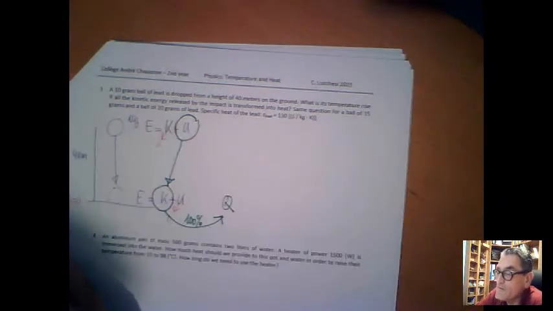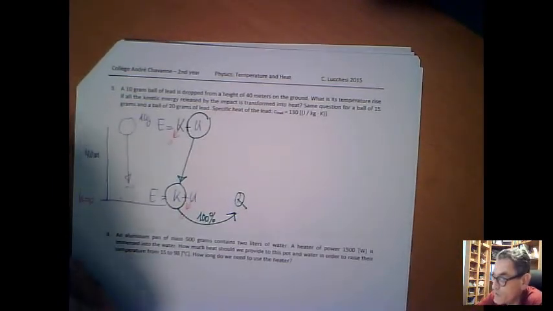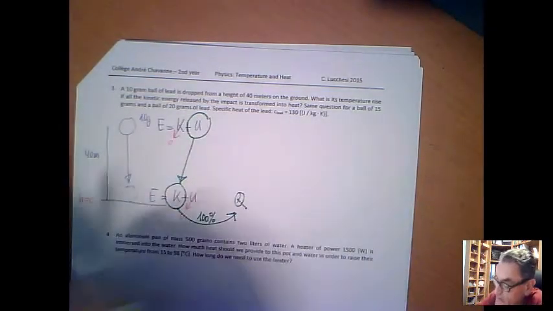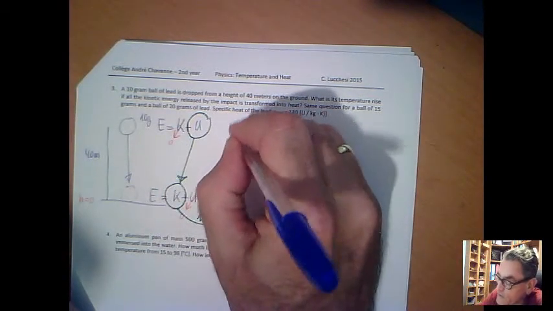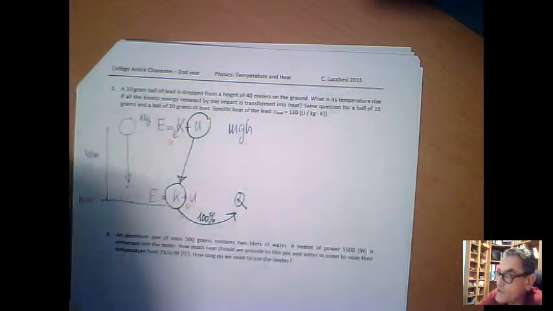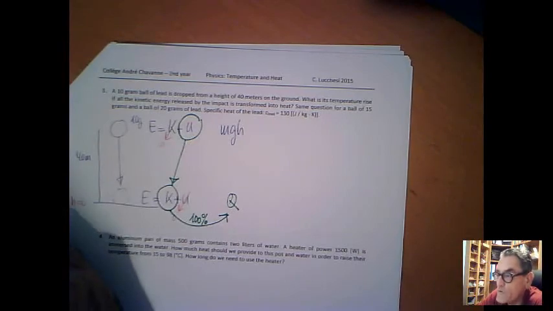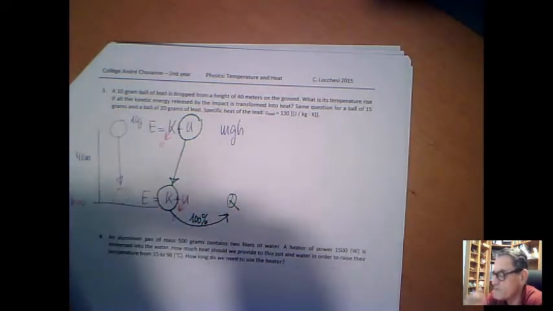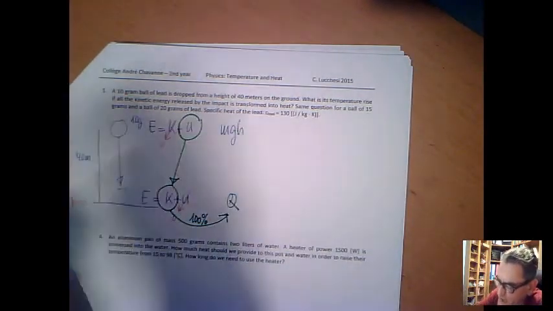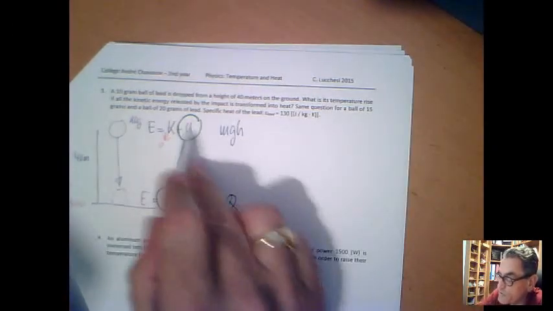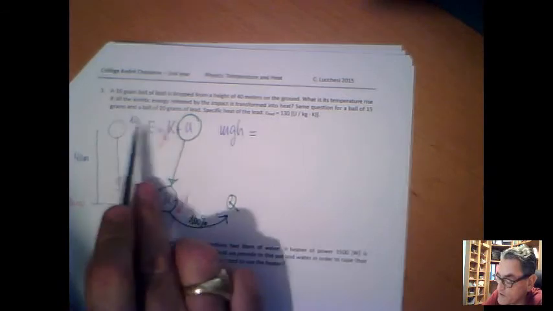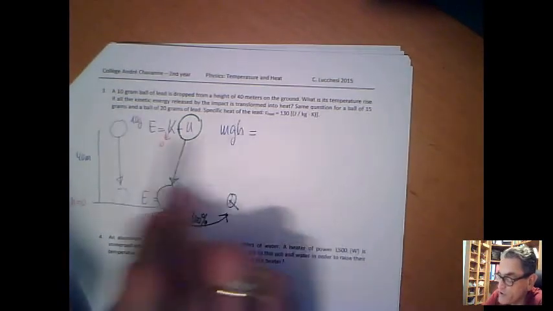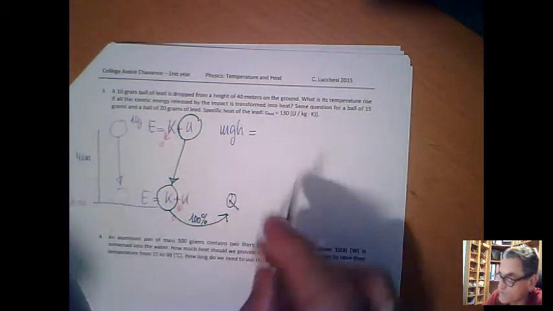Okay, so this problem, you can solve it in one equation if you want. Basically, let's write energy conservation. We know the U up here, the U is mgh. I'm going to go a bit fast, okay? I'm not going to write mechanical energy, kinetic, potential. Here we have just potential energy, and this potential energy is the mass of the lead times g times the altitude, which is 40 meters.